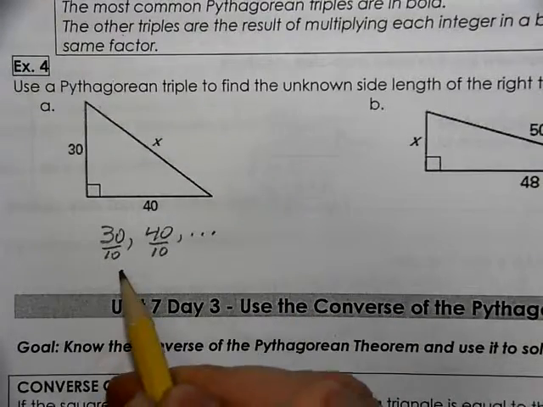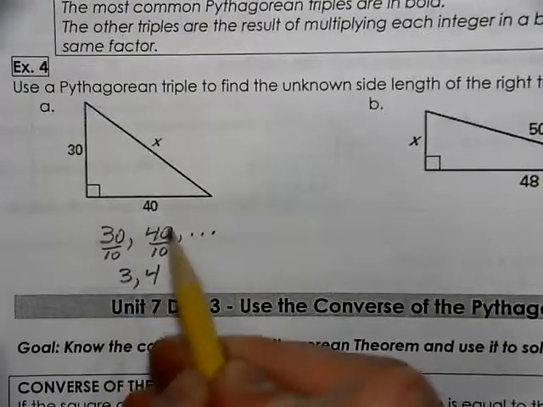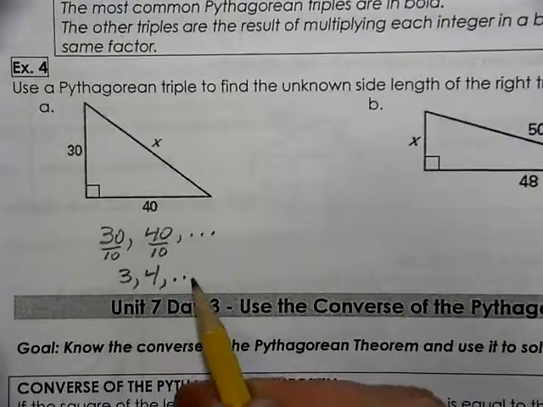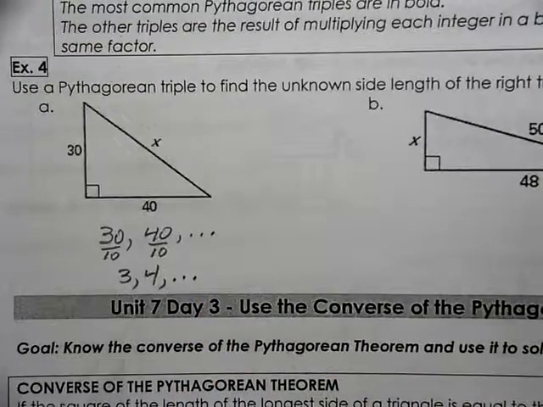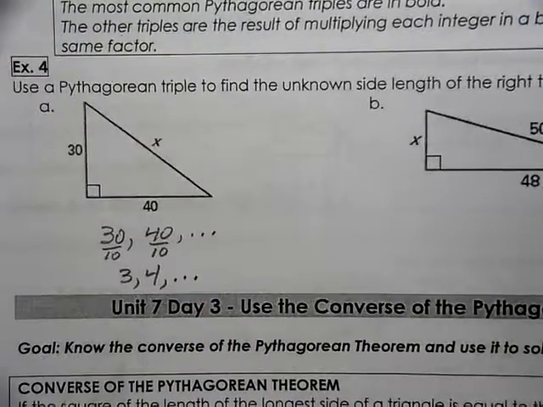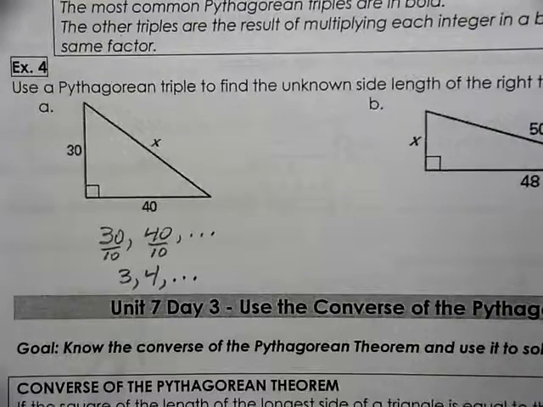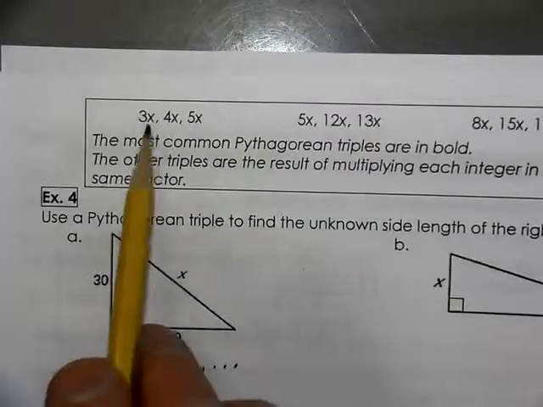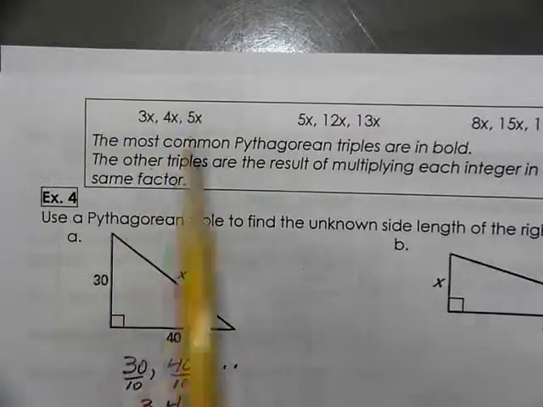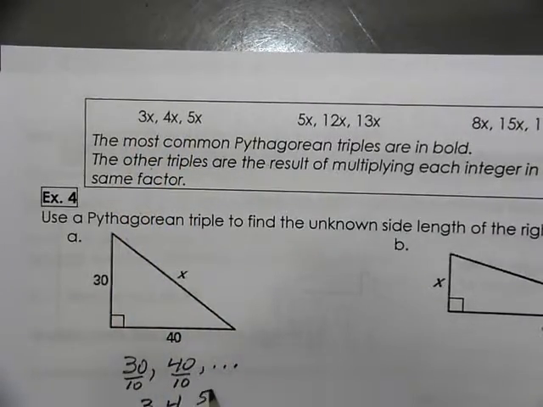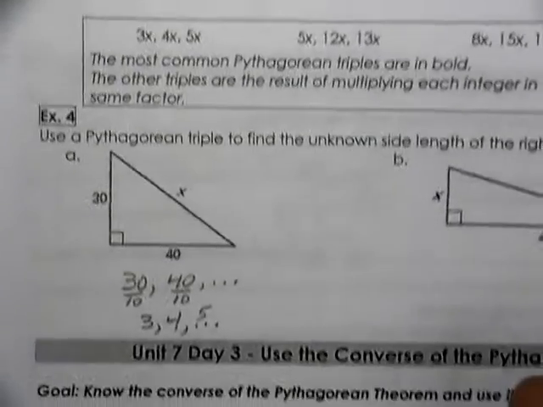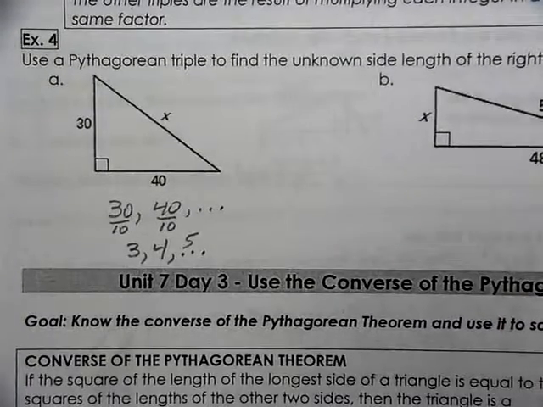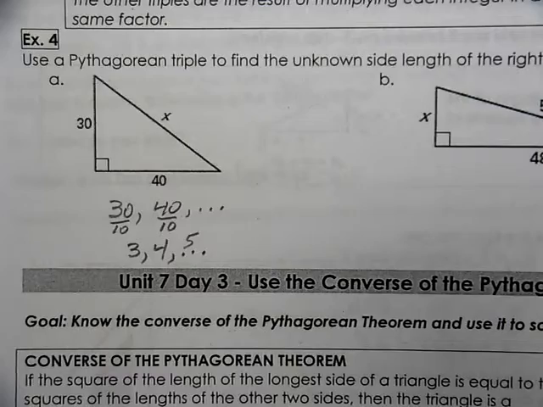When I do that, it reduces down to 3, 4, and some other number. What is that other number? It's a pattern, 3, 4, something. It's a Pythagorean triple, I'm hoping. And if you look up, 3, 4, 5 is your Pythagorean triple. You would have to memorize that and know that it would be a 5 because it's following that pattern.